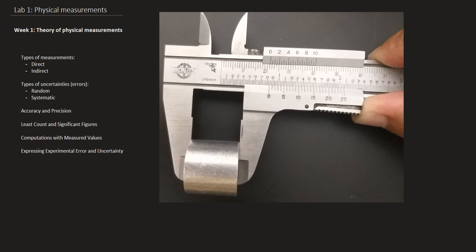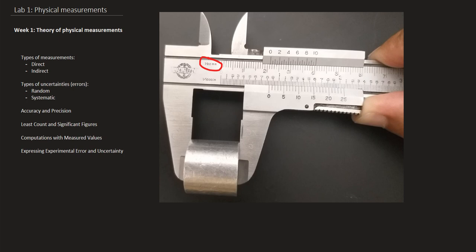So what you are seeing here is a device which has something we call the least count. The least count is indicated here in terms of millimeters and here in terms of inches. In terms of inches, we will not use that unit. We will use the international system of units.